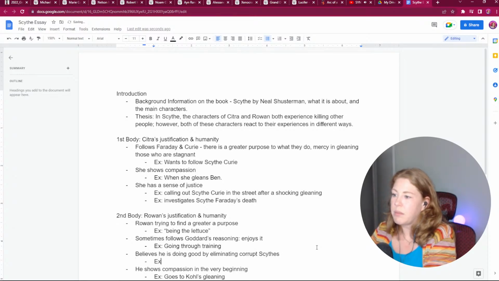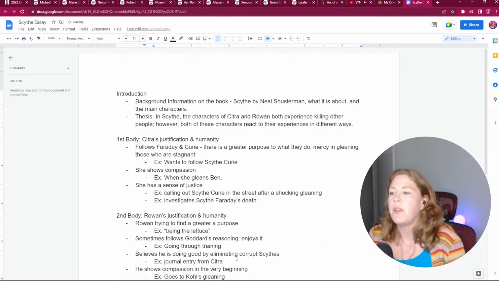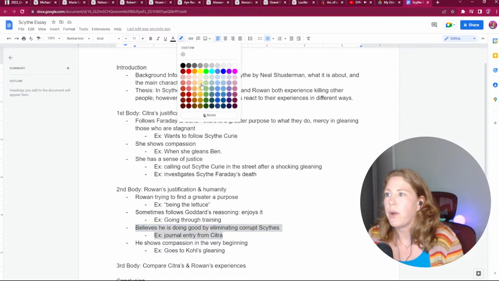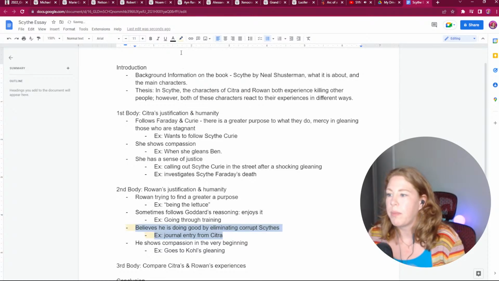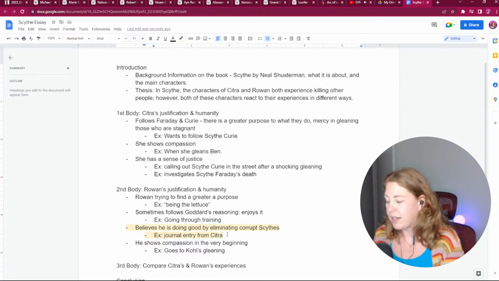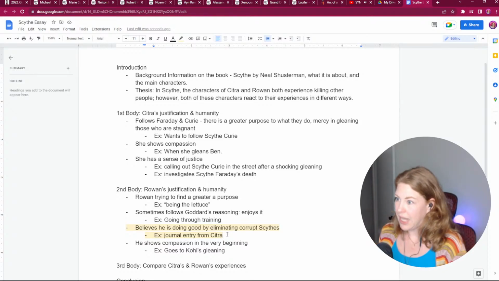And that is only going to be in the journal entry from Citra. I mean, if you want to use this one as an example, it's okay. You can do that. It's just you're not gonna get as much information about that one. You're gonna have to kind of back that one up with paraphrasing, because the only evidence that we have that he's doing that is a journal entry from Citra at the very end, and it doesn't even say his name, right?